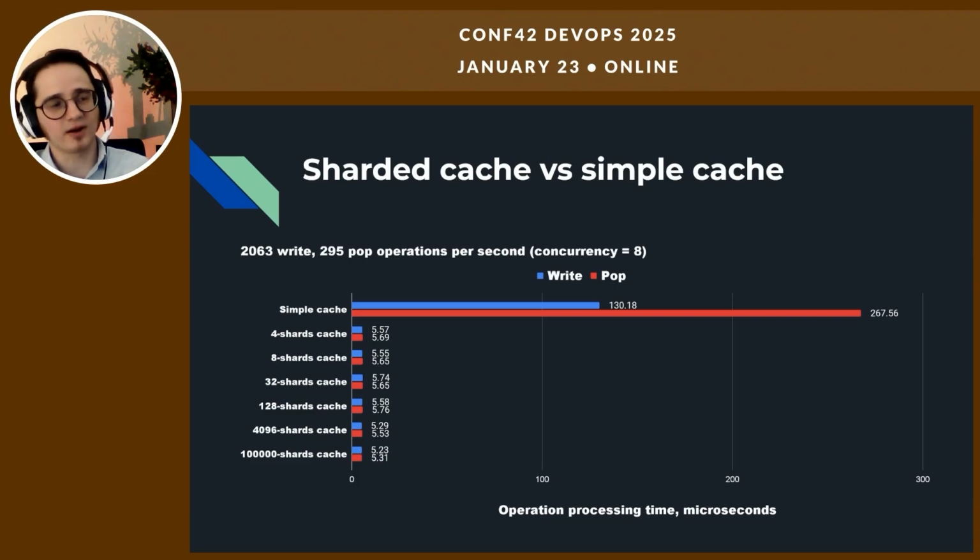My concurrency in the test is 8, but of course on modern server machines it can be much higher, and the results will be even better if we increase the shard count from 4 to some number closer to the concurrency of the machine.